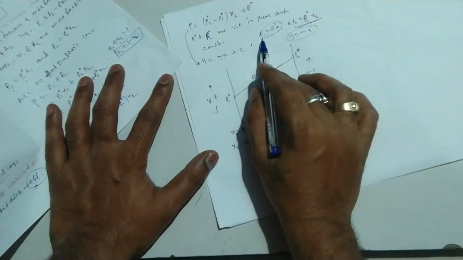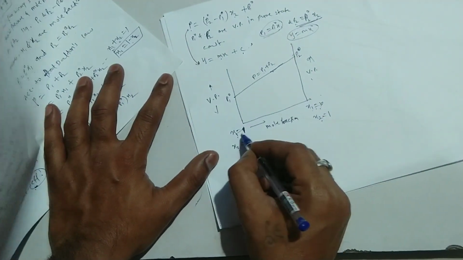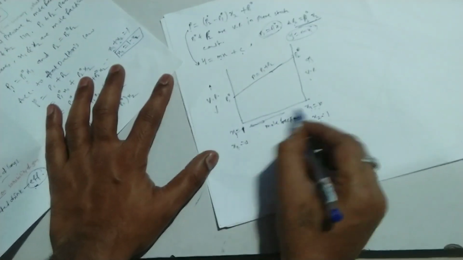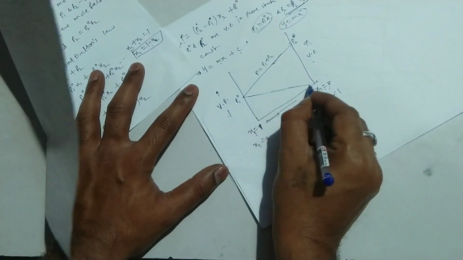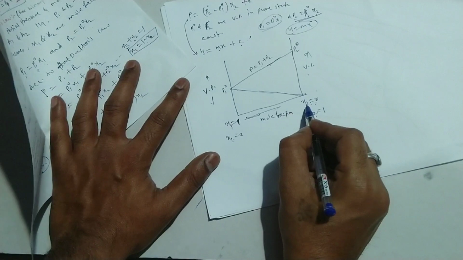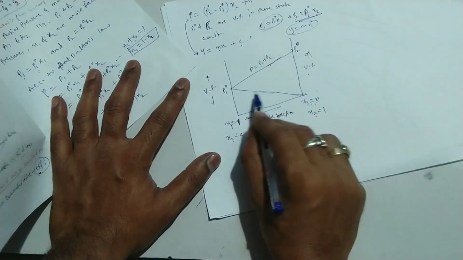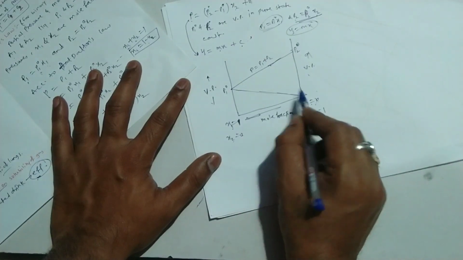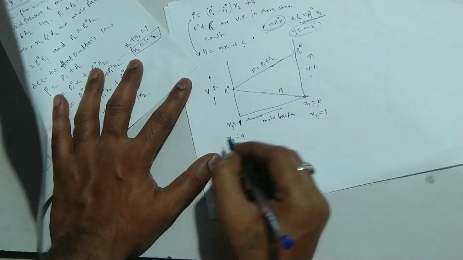Now P1 is equal to P1⁰x1 as we move from 0 to 1. If we draw this line, at x1 equal to 0 we get P1⁰ as we move from left to right. So this is the origin for P1⁰, and this line gives P1.